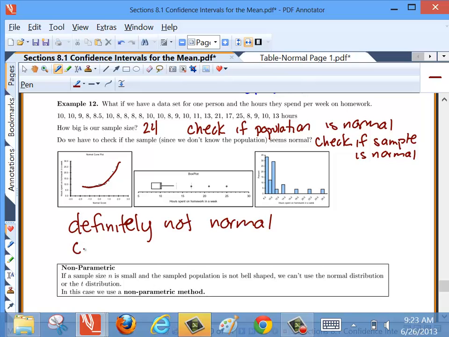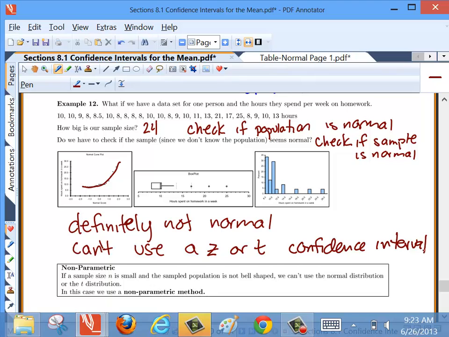So we can't use a Z or T confidence interval. Whether or not you thought you might know the population standard deviation, you can't use a Z or T confidence interval because it doesn't fit the requirements. If you ever get in a situation like this where you don't fit the requirements, you can use what's called a non-parametric confidence interval.